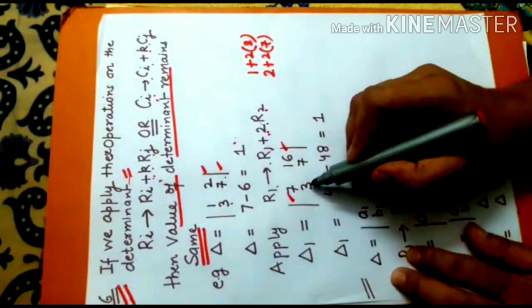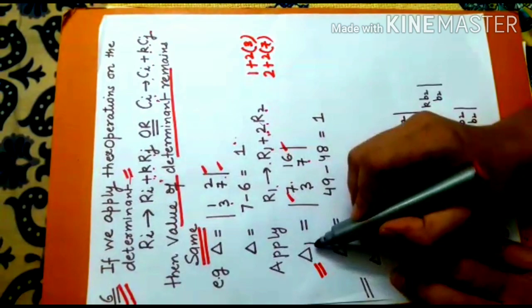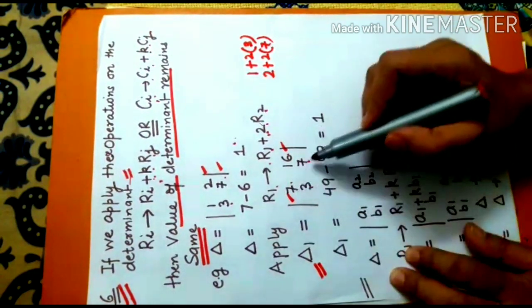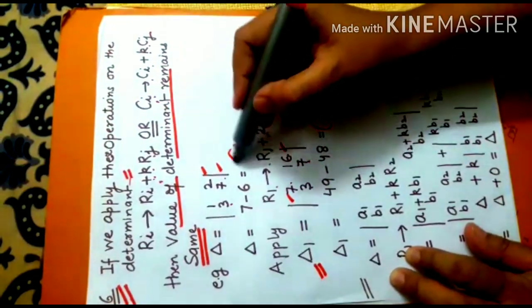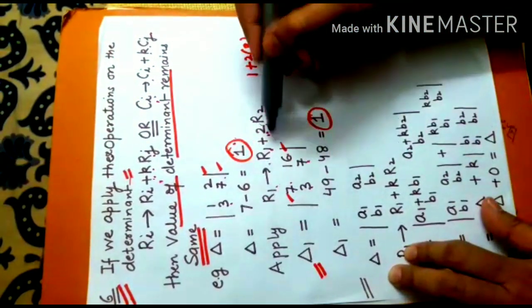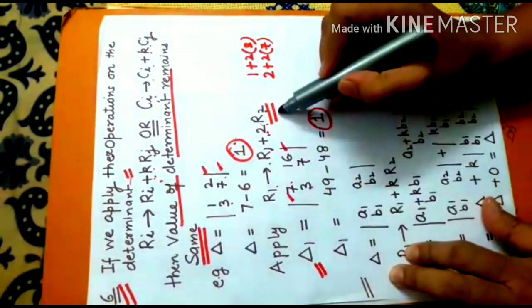So the new determinant will be 7, 16, 3, 7, denoted by delta 1. Now the value of this determinant is 1. So you can see there is no change in the value of the determinant after applying this operation.